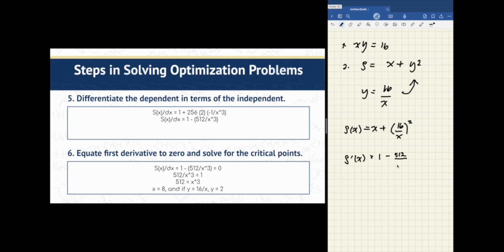Differentiating that would result in ds/dx is equal to 1 minus 512 over x cubed, using the chain rule and the power rule. Next step would be to equate the first derivative to 0 and solve for the critical points. Multiply both sides by x cubed, and that would be 8.